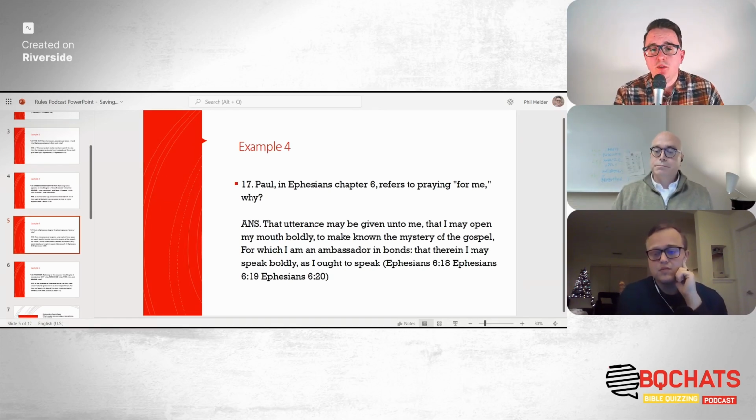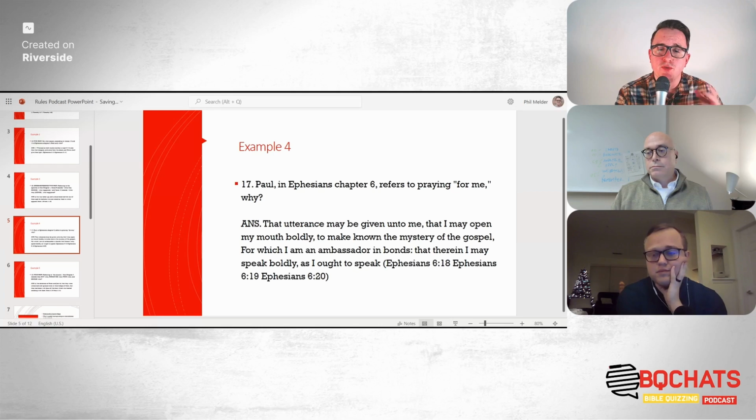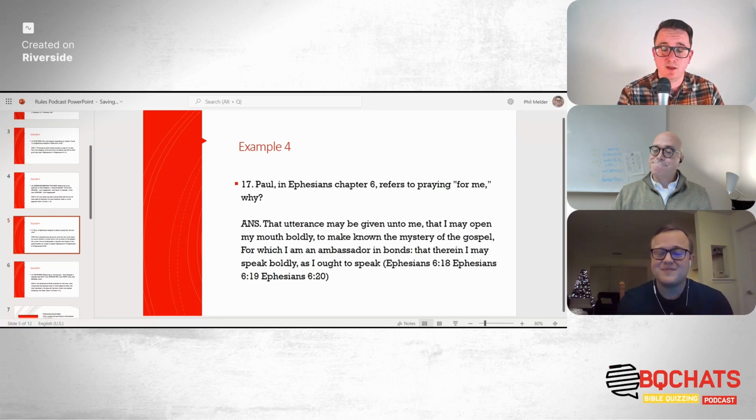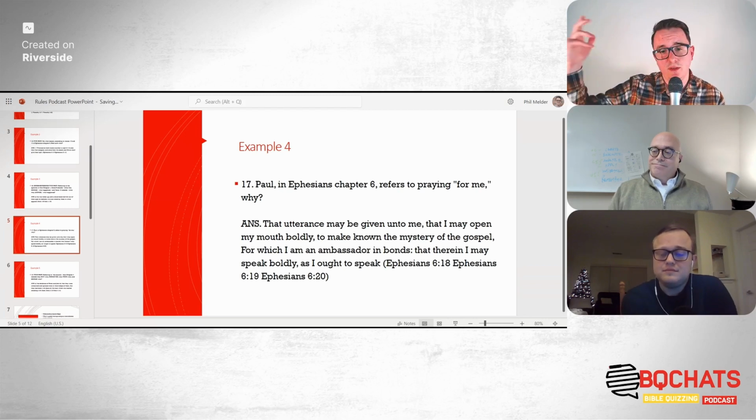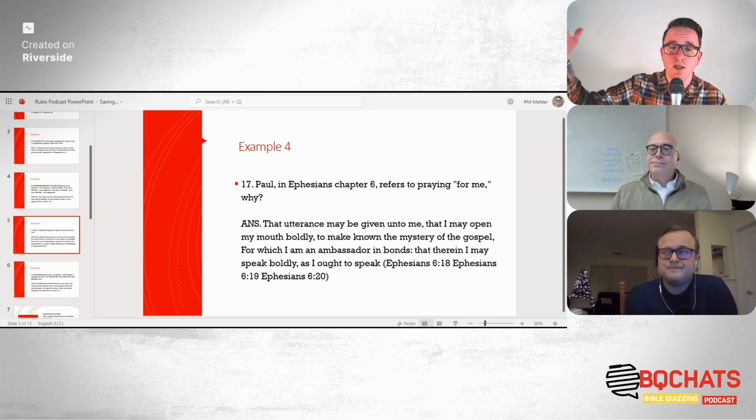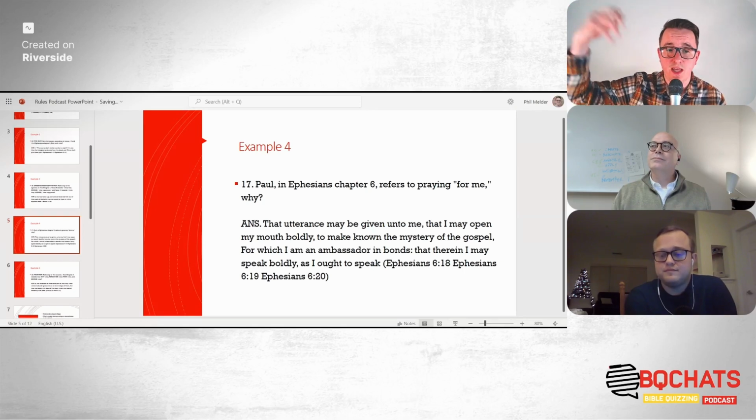Now, this has been an issue in the past for some of my teams, but we train our kids, or at least I do, and I think most coaches do, to put the verse reference on the end of the question. Because a lot of times you need the verse at the end of the question, since there's potential for another verse to answer the question in essence.